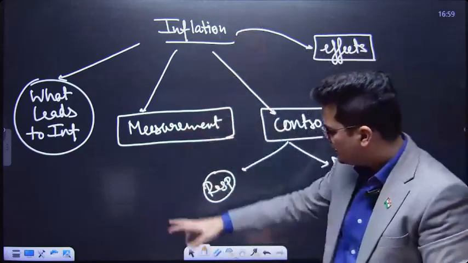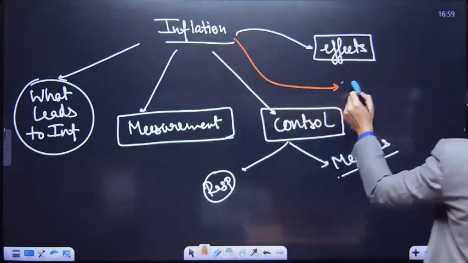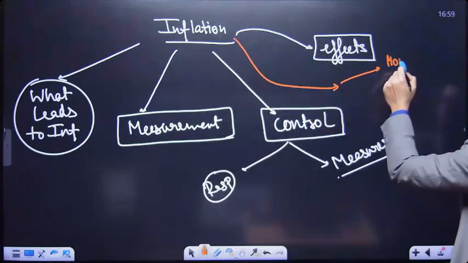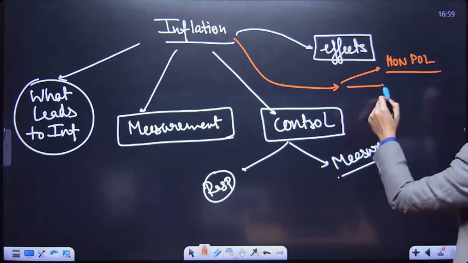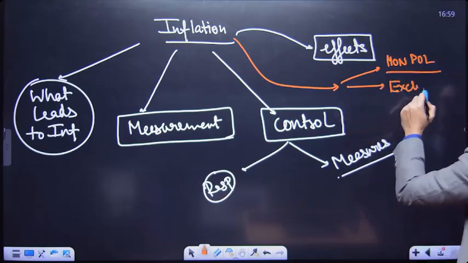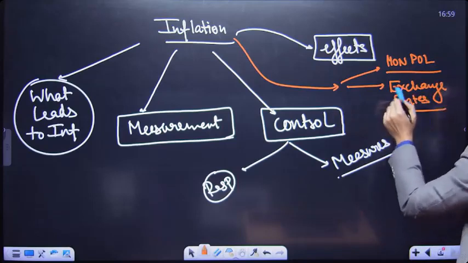Now, what leads to inflation is also linked to some other topics, like obviously a topic of monetary policy, how money supply impacts inflation. A topic of exchange rates was there, how exchange rates impact inflation.